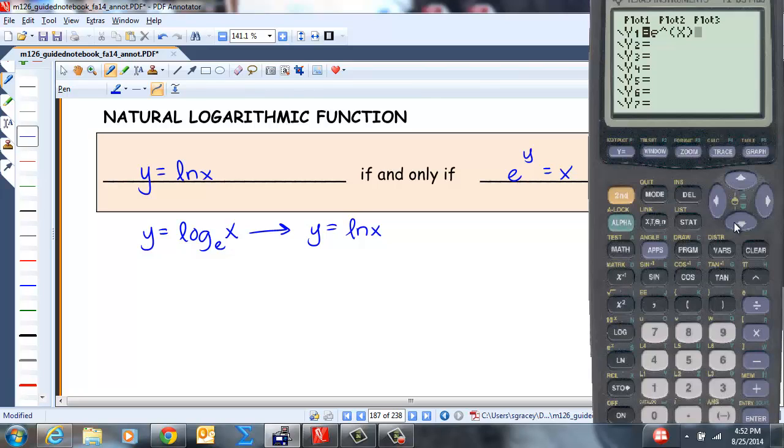And then in the second one, why don't we do the line y equals x to show how it reflects across that. And then in our third one, we'll do natural log at x. Oh, we'll have to zoom this differently. We'll just try zoom standard.